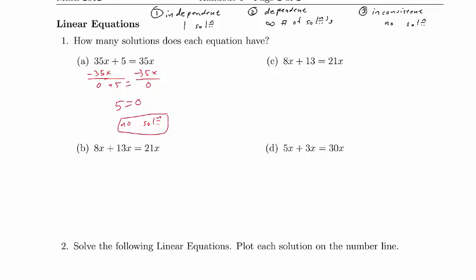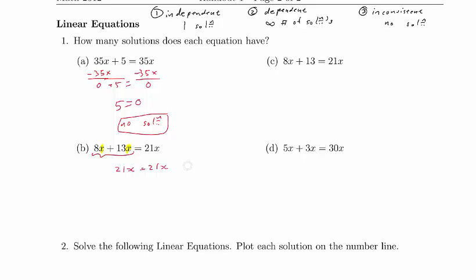Alright, so what we're going to do here is first we notice that there is an x term here and here. So we're going to go ahead and add these two together. And when we do that, we get 21x equals 21x.